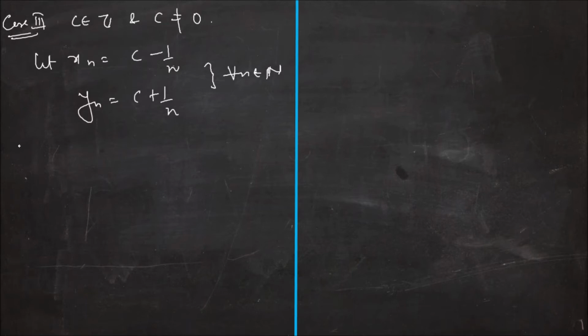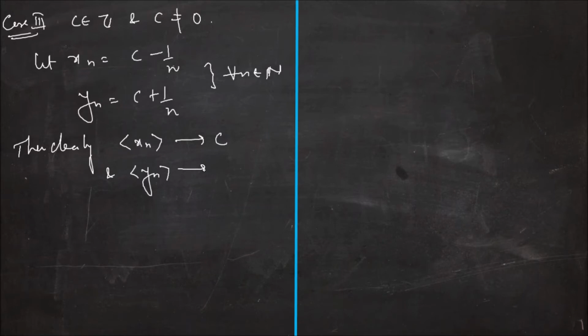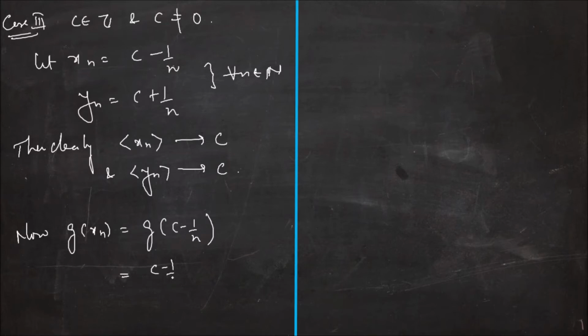So then clearly xn converges to c and yn also converges to c. So we have got two sequences that converge to c. Now what about the corresponding sequences gxn? Let g of xn be equal to g of c minus 1 by n. So this is equal to c minus 1 by n, times the greatest integer function of c minus 1 by n.